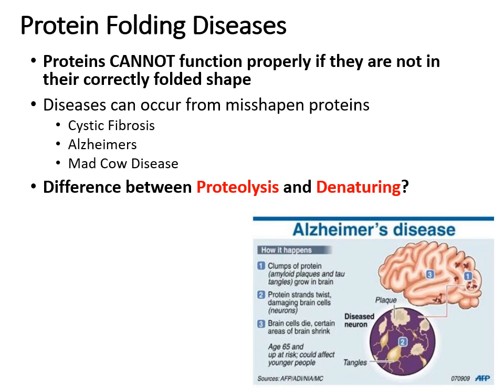When we talk about these dysfunctions or diseases, I want to point out that there are two terms that you hear when it comes to protein structure, and it could either be proteolysis or denaturing, two very different things.